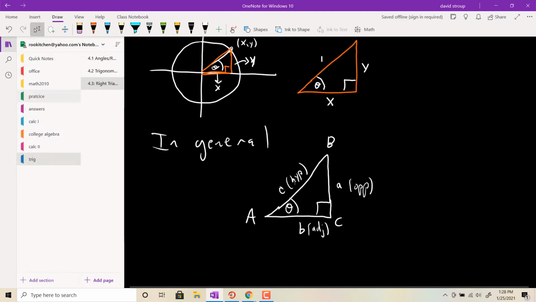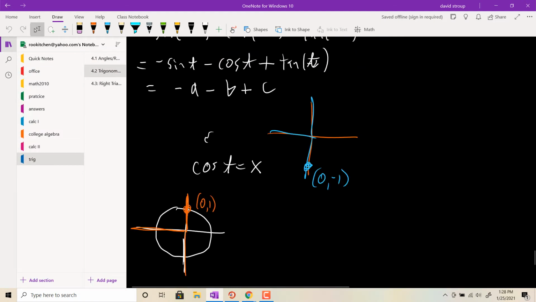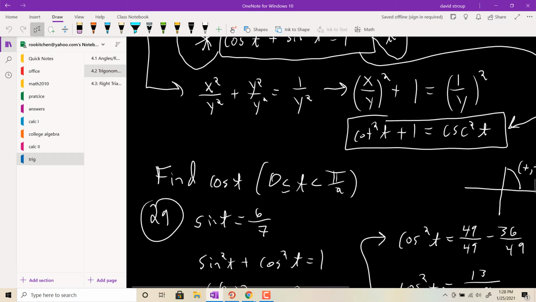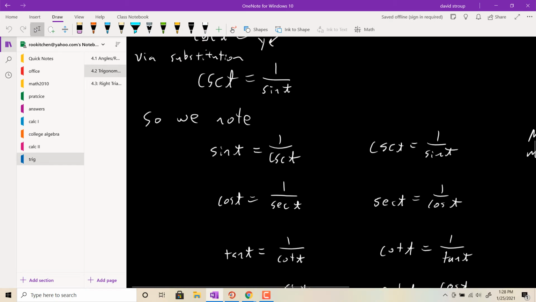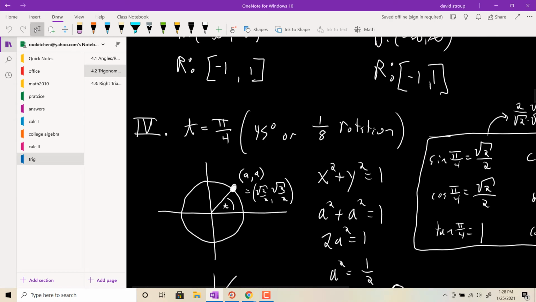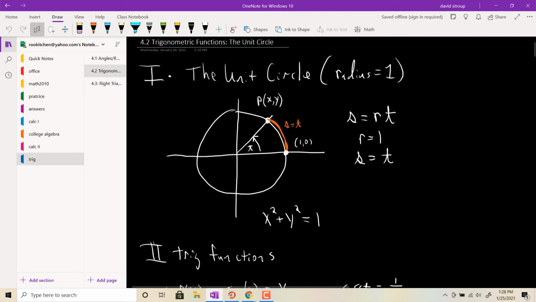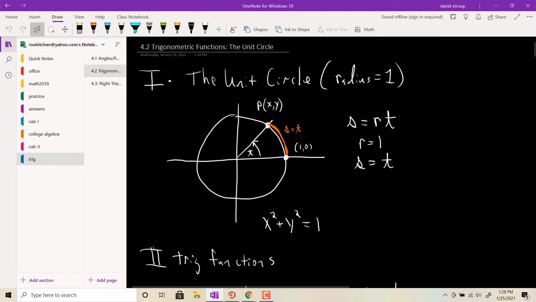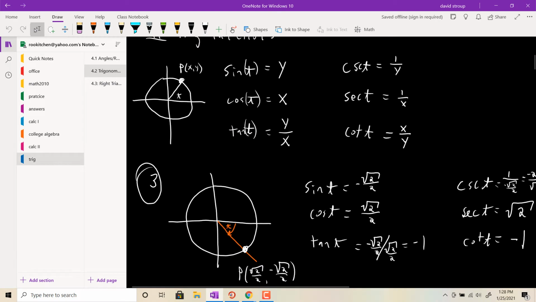In our last section, we defined them all over 1. Let's see if I can find where it was. Can I remind you guys? I mean, we had to use the unit circle. So it was y over 1, x over 1, and then y over x, except we didn't write it, right?